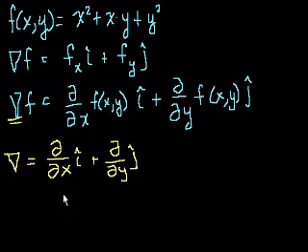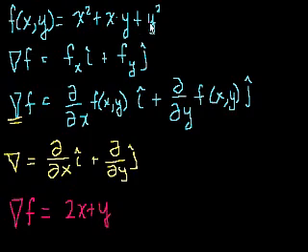So let's actually calculate the gradient of f. The gradient of our particular function is the partial with respect to x. So we figured that out. That's 2x plus y, and then that doesn't matter anymore. That's the partial of this function with respect to x.